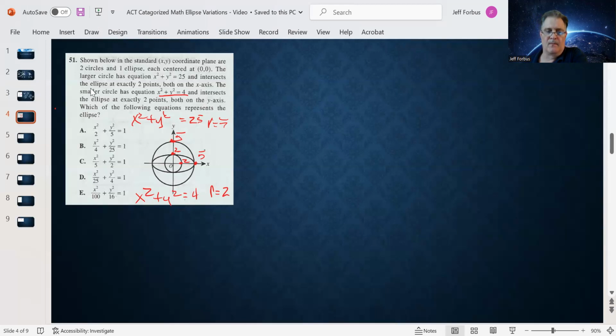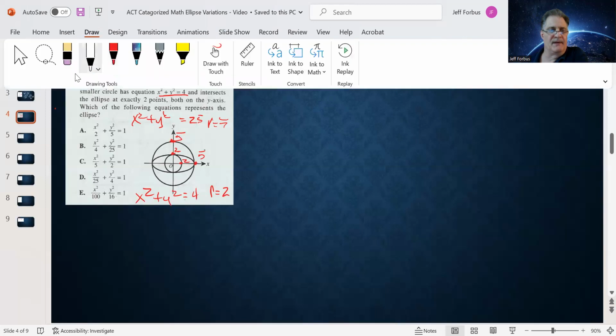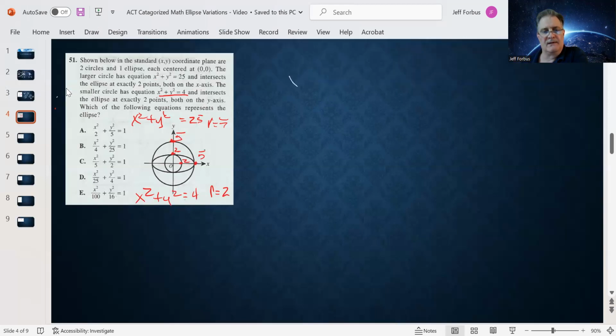Now, the ellipse is stretched out around the x-axis. So therefore, our equation is going to look like this. Let me change my pen tip. x squared over a squared plus y squared over b squared is equal to 1.